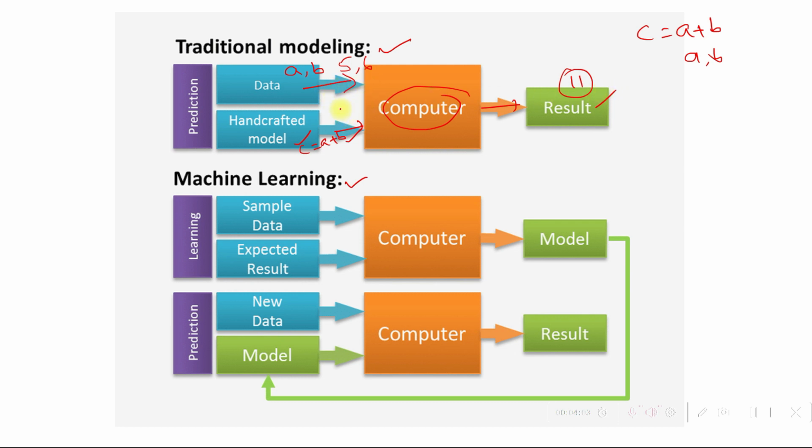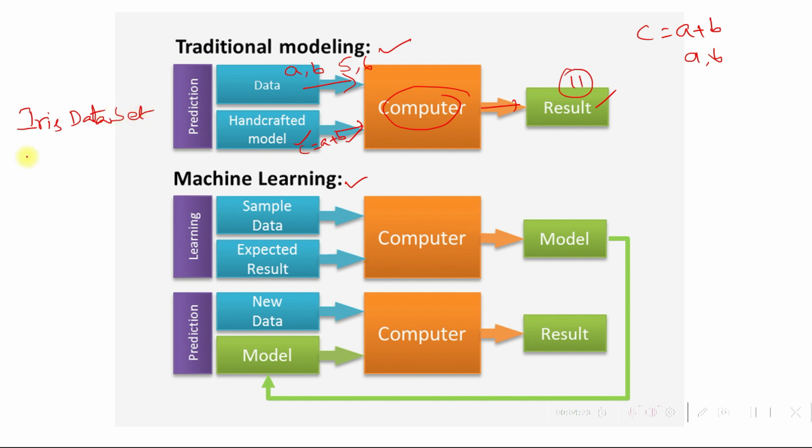So we'll see the other way, that is called machine learning. In machine learning, the data is very important. For example, the Iris flower data set.